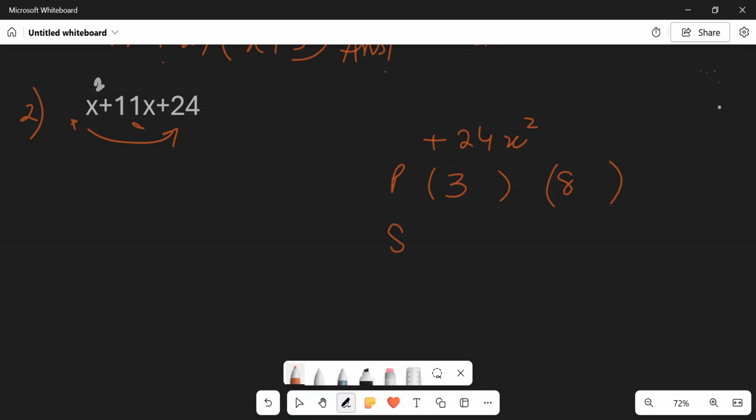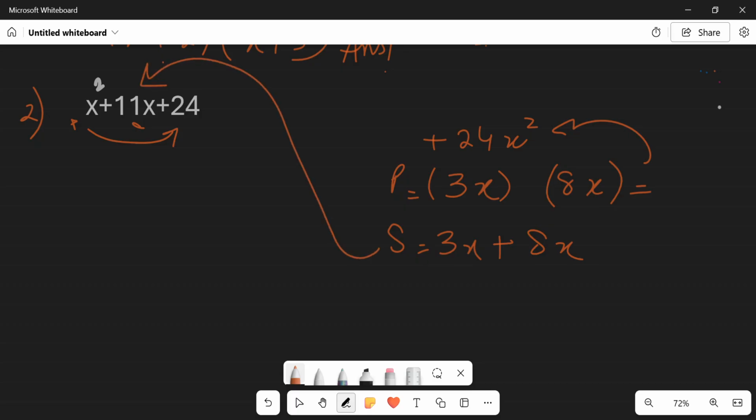Okay. So the factors that we have found, now distribute in the sum, 3 plus 8. Now distribute the variables, 1x here, 1x there. When we multiply, you will get this, and when we add, you will get this, right?